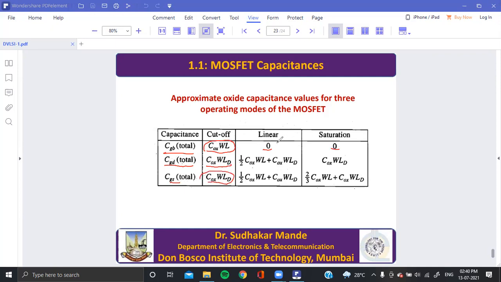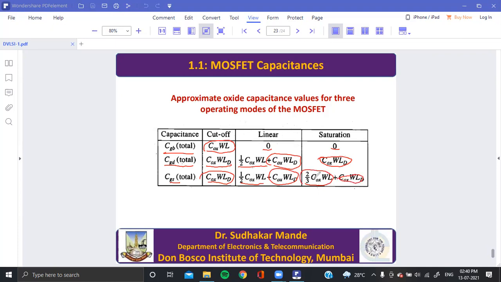In the linear region, it is equally divided, half, plus the overlap capacitance. In the saturation region, gate to drain capacitance is only the overlap capacitance, and gate to source is 2/3 plus the overlap capacitance.